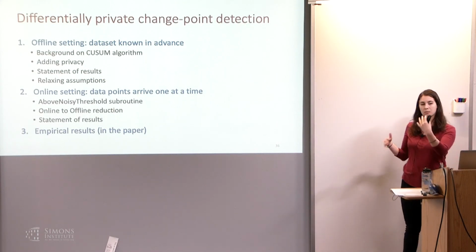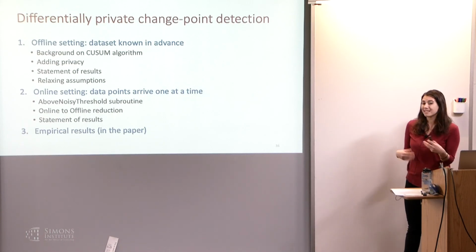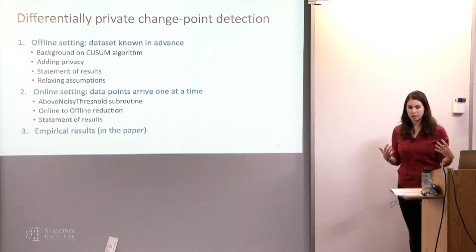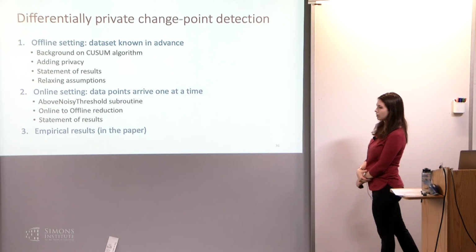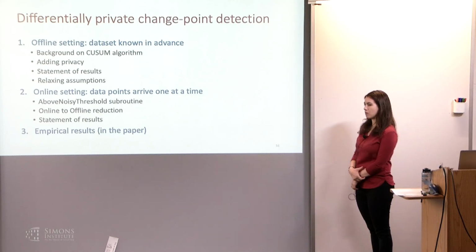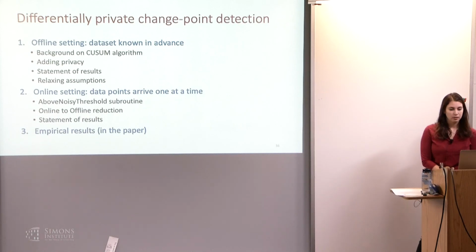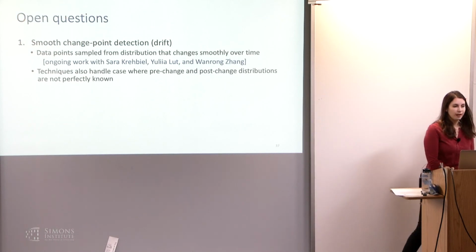And so we had the wrong P0, the wrong P1, and the algorithm still seemed to find approximately the right change point. And so that tells us we should try to do theory about the case in which we don't know these exact distributions, which we are currently doing.